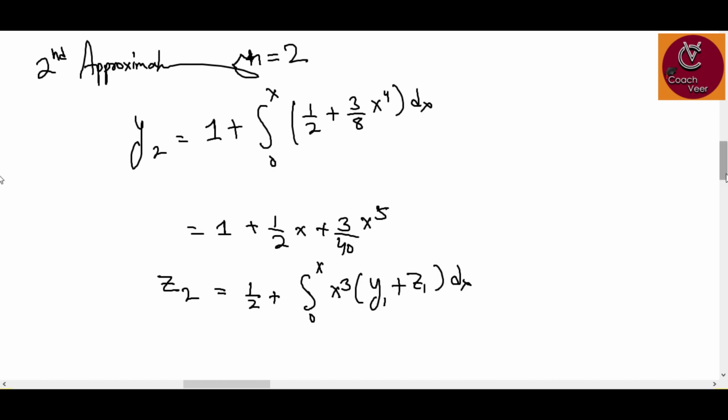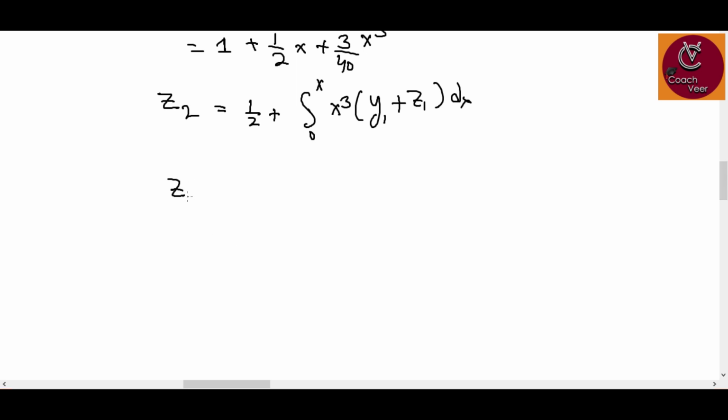You are going to get z2 equals half plus 3 by 8 x to the power 4 plus 1 by 10 x to the power 5 plus 3 by 64 x to the power 8. Similarly for the third approximation, you can put n equals 3 and solve the same way, and you will get y3 and z3, the approximations.